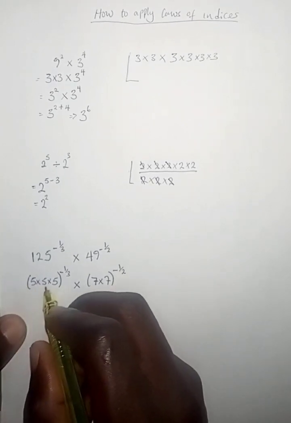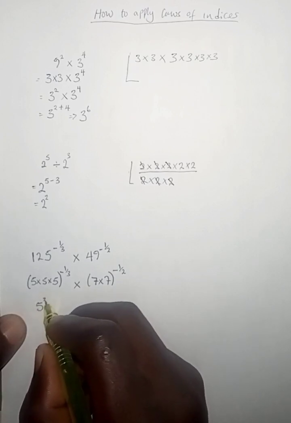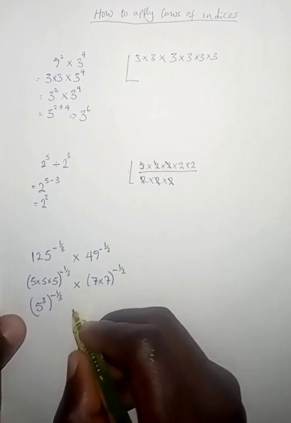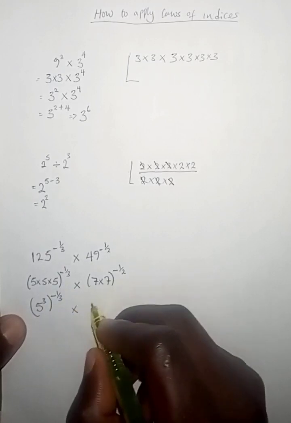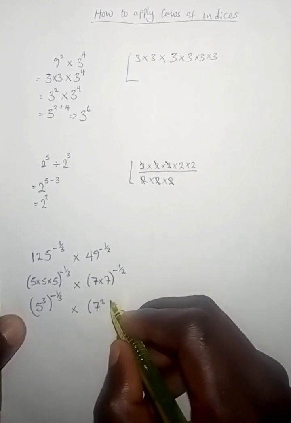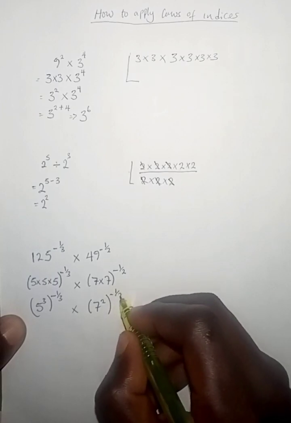Then 5 times 5 times 5 would be 5 to the power of 3, all to the power of minus 1 over 3, times 7 times 7, which is 7 squared, 7 to the power of 2, all to the power of minus 1 over 2.